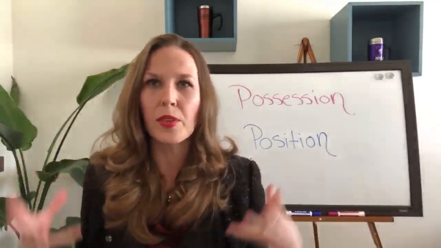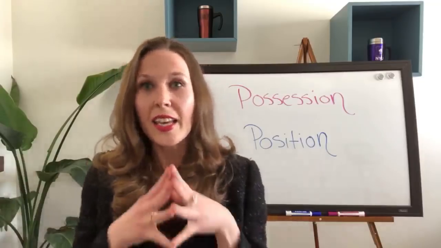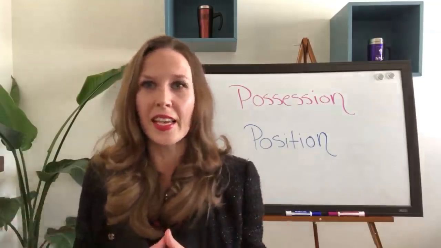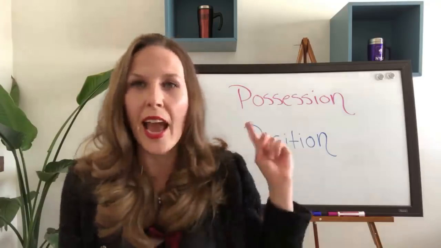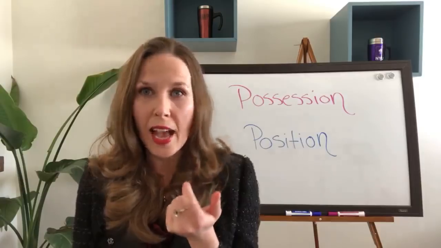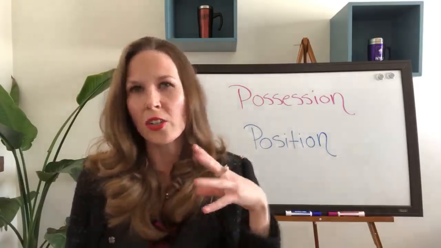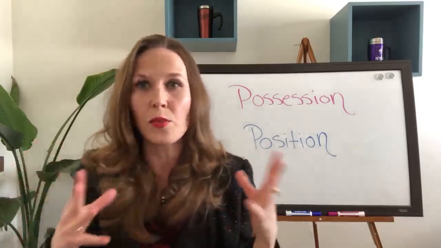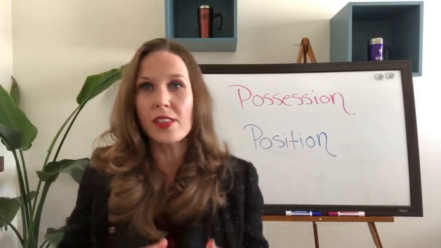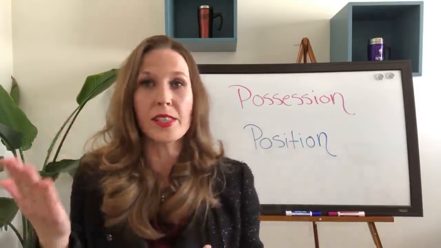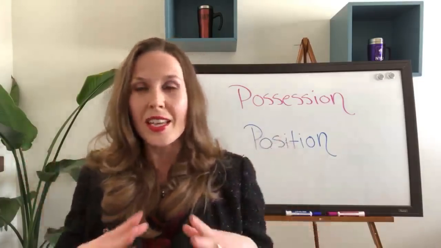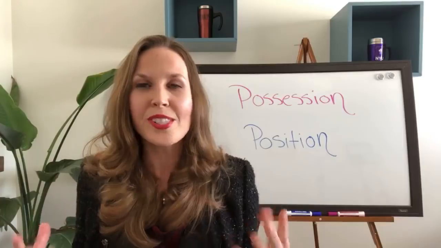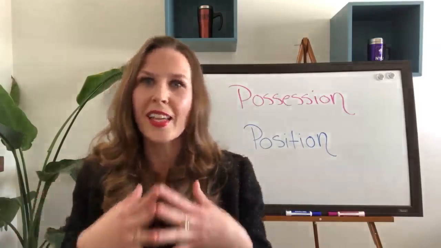So for correct pronunciation in English, we need to think of your mouth position and how you produce the sounds. And there are two distinct sounds we need in English. Of course, there's the vowel sound, okay, and the consonant sound. Now, both of those need to be correct in English.